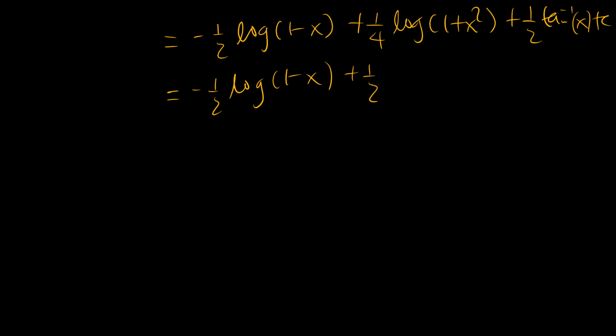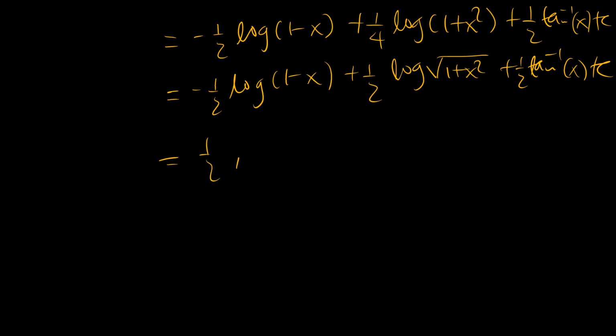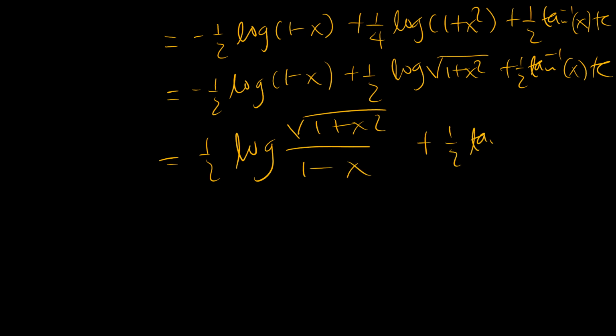So we have a half and we push a half up so that this becomes the square root of 1 plus x squared plus a half arctangent of x plus c, and this becomes a half log of the square root of 1 plus x squared over 1 minus x plus a half arctangent of x plus c.